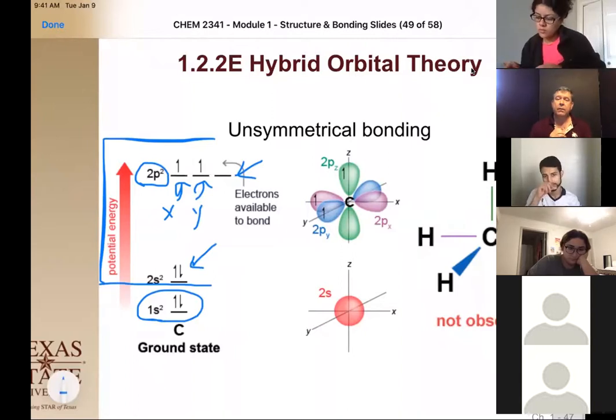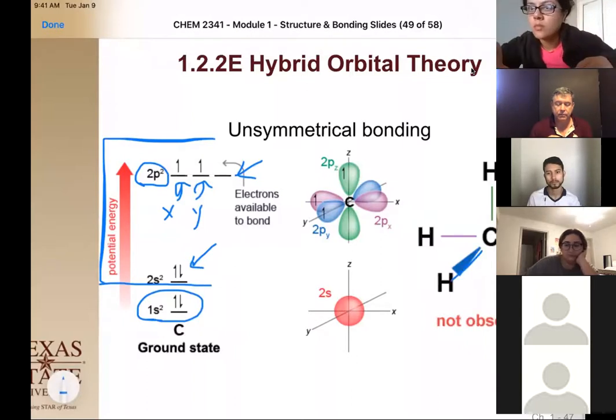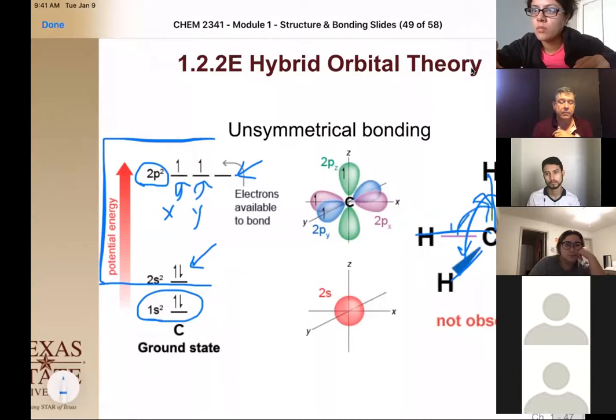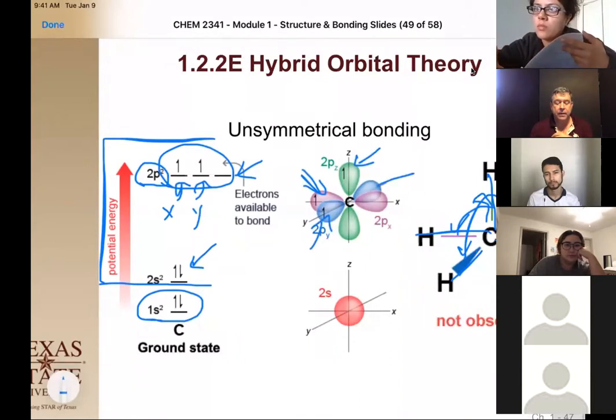So how can we do this, right? We're sitting there saying, okay, we're gonna have 1 bond kind of 90 degrees to the other bond, 90 degrees to that bond, and then this bond has to be out here somewhere too, okay? We don't see that structure having these 90 degrees that we would expect if it was just bonding to this p orbital, and that p orbital, and then the other side of another p orbital.